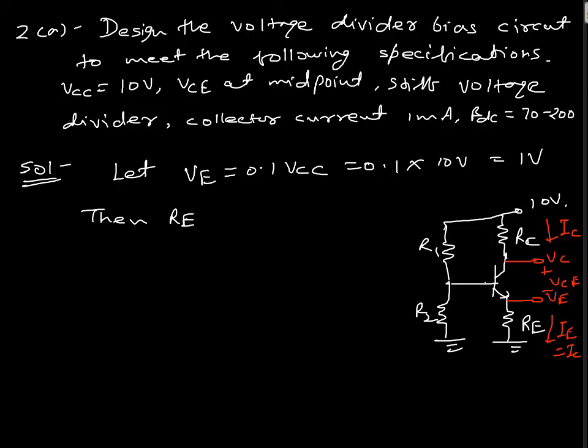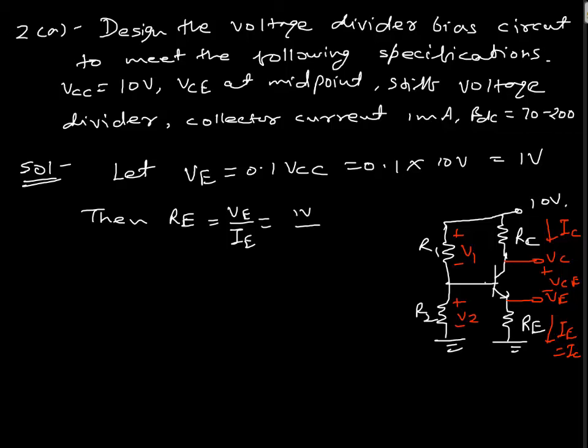Okay, let's call this voltage V1, this voltage V2. Okay, so now first we are going to design for VE equals 0.1 times VCC, which is 1 volt. Then what should be the value of RE so that VE is 1 volt? That we are going to find out. So RE is VE by IE, which is 1 volt by IE.